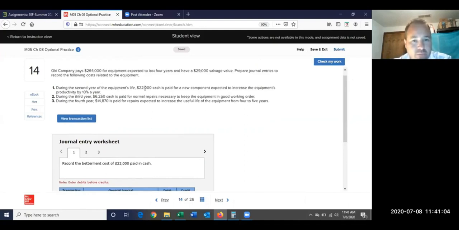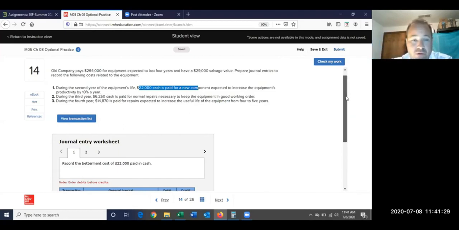During the second year, $22,000 was paid for a new component to increase the productivity. So that's something big, something that's going to make it worth more. Remember, there were 3 things that we count and put into the equipment as a capitalized cost: if it increases its value, increases its useful life, or makes it something different.